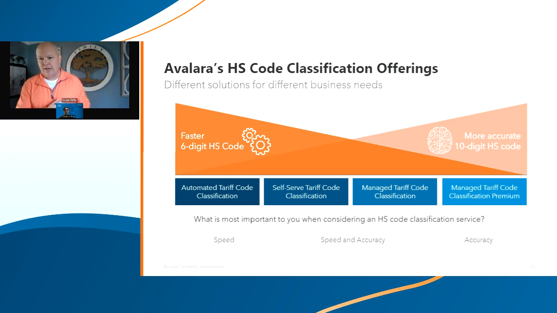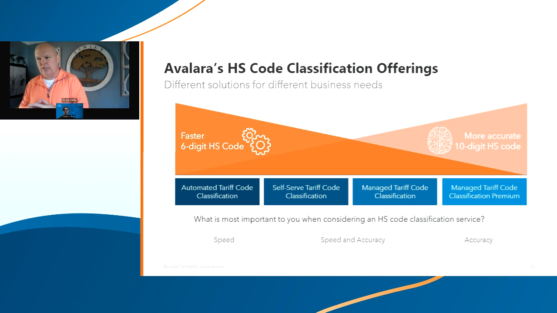If you look to the left, we have customers that leverage our service for a complete automated AI solution because speed is the key. Accuracy for a $20 item may not be important in this marketplace world. They need an HS code, and the speed to market is more important than the accuracy.